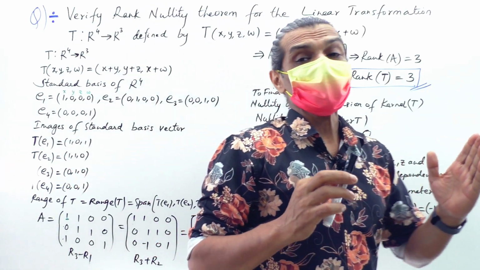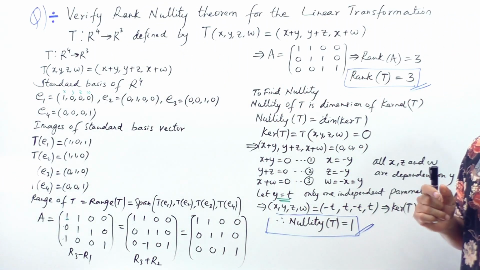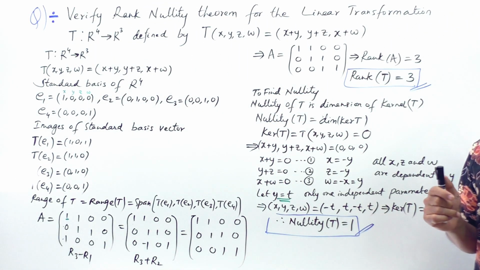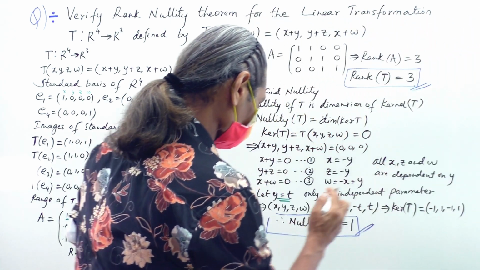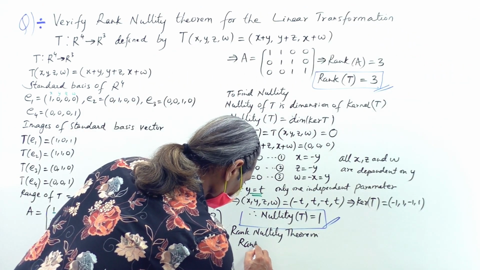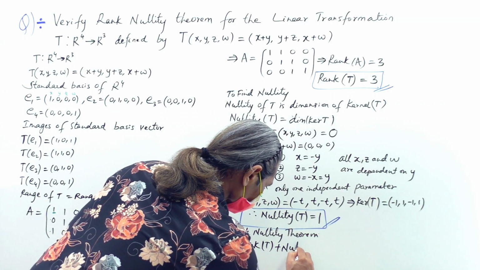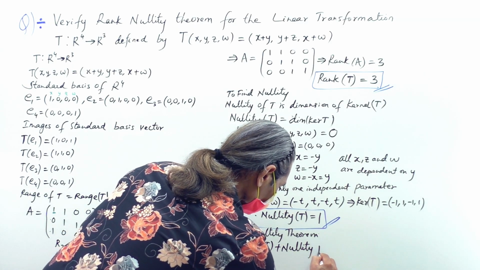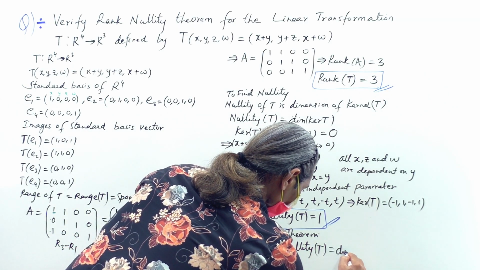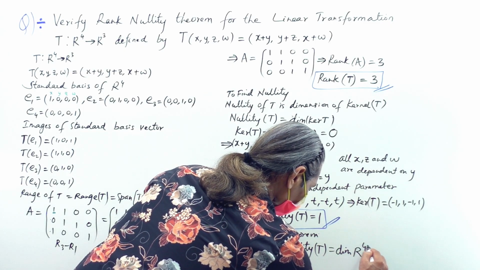So what does the Rank-Nullity Theorem say? Rank of T plus nullity of T equals dimension of R raised to 4.